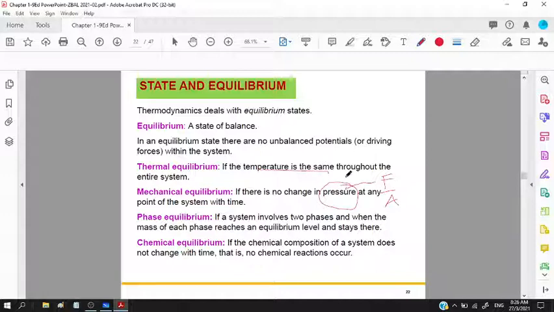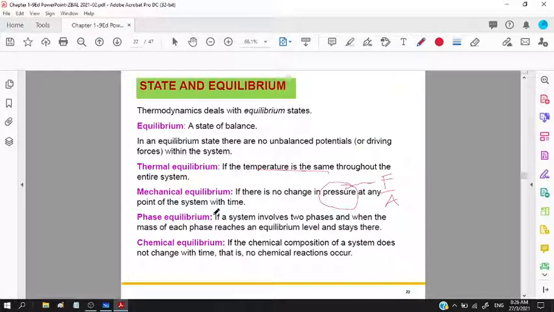For example, when we say the pressure inside a vessel or tank is 1 bar, that is the only pressure involved in that tank. Apart from that, outside the tank we have the atmospheric pressure, so it should be the same. It does not change with time.